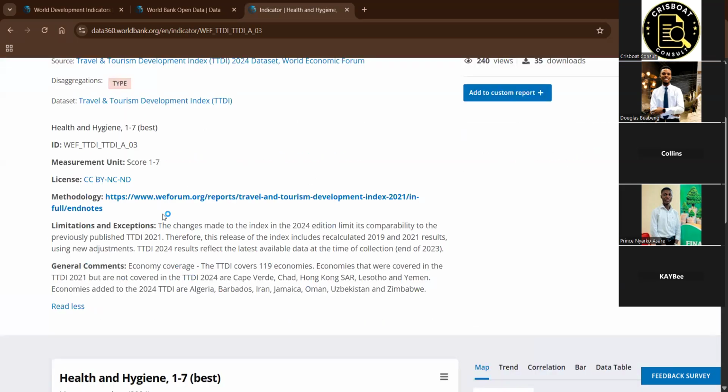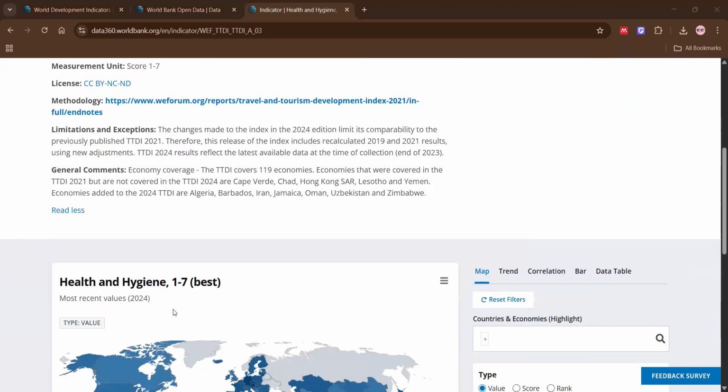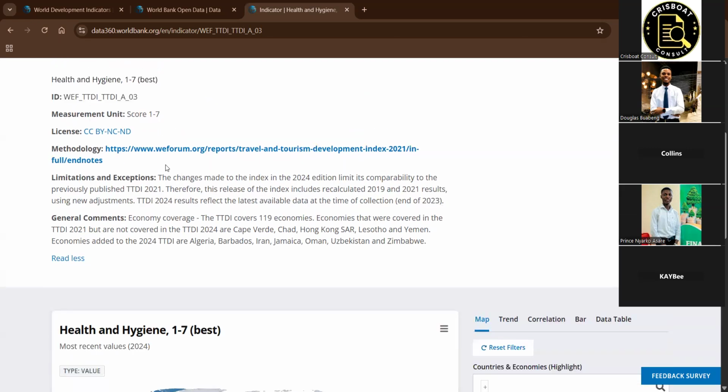If you can see my screen, the methodology and everything is there. So this is the methodology that they use to collect the data.